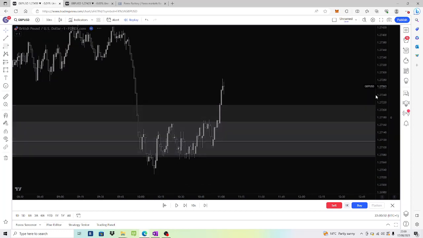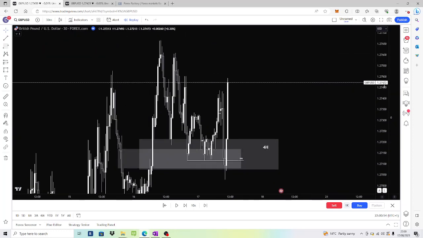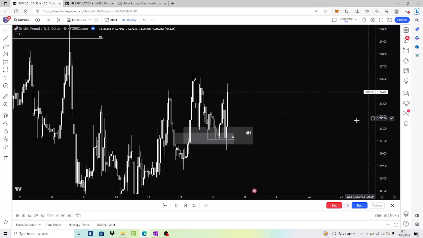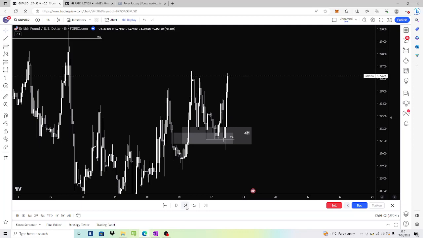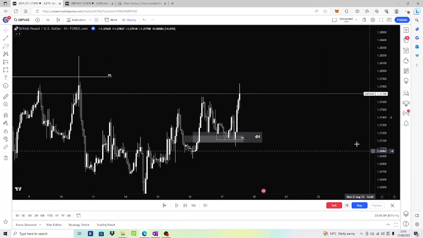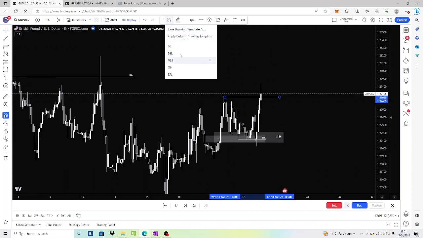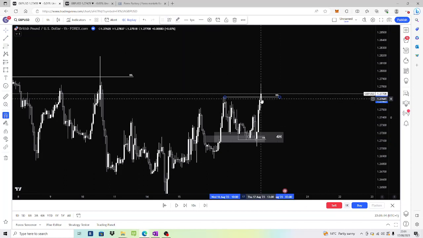And then what does price do? It just runs up from here. It runs up straight through these highs. And now we're into the New York session.